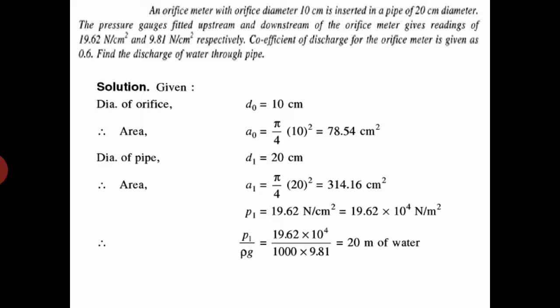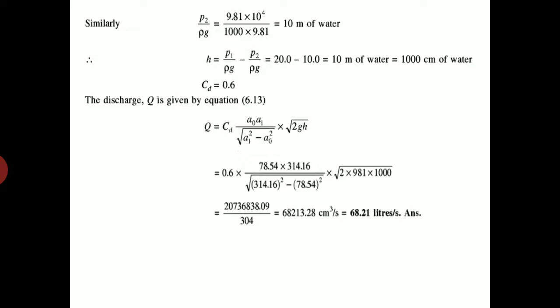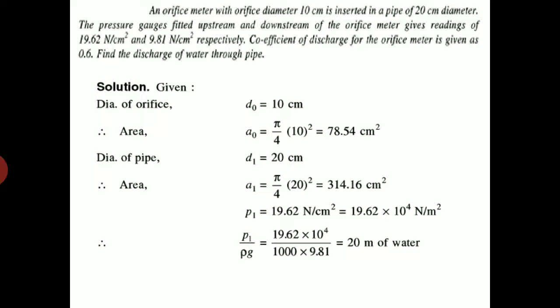Now let us understand what is given in this numerical. First of all, the discharge measuring device is the orifice meter, which has a diameter of 10 centimeter. This is the diameter of the orifice, which is inserted in a pipe of diameter 20 centimeter. From this we can calculate A0 and A1. Next, the pressure gauges.